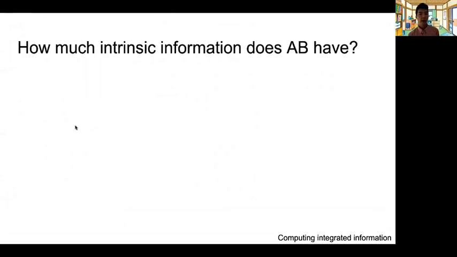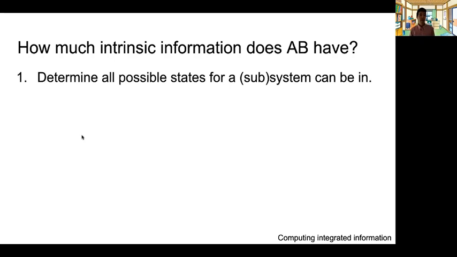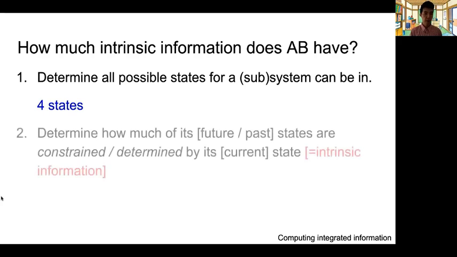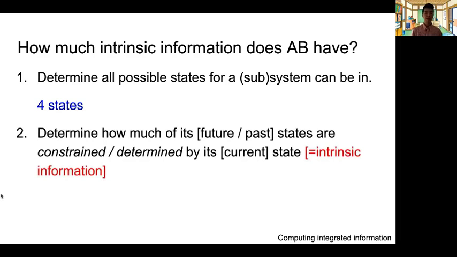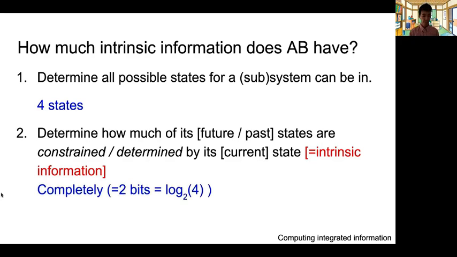Now, how much intrinsic information do A and B jointly have? To address this question, what IIT proposes is to first determine all possible states the system can be in. In our simple example, there are 4 states. Then determine how much its future or past state is constrained by its current state, and in our case, it was completely determined.